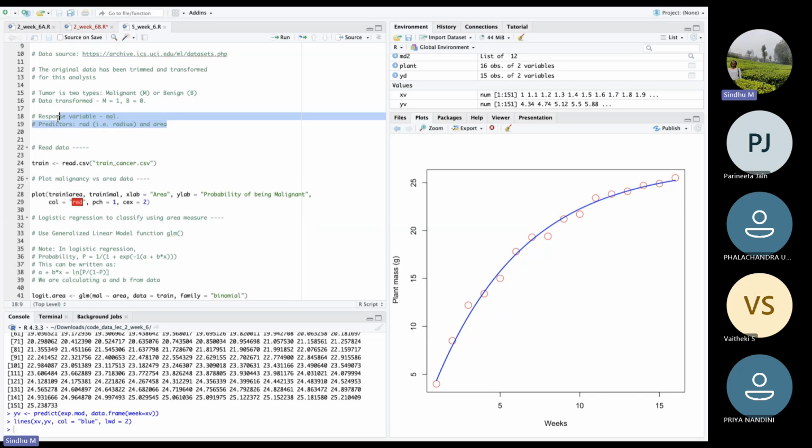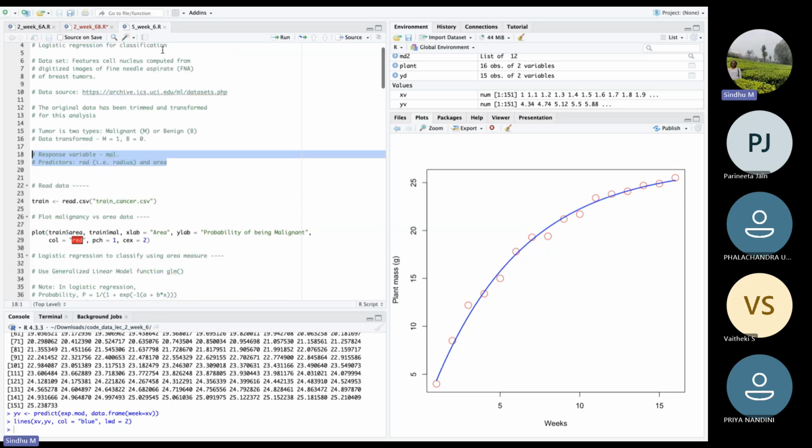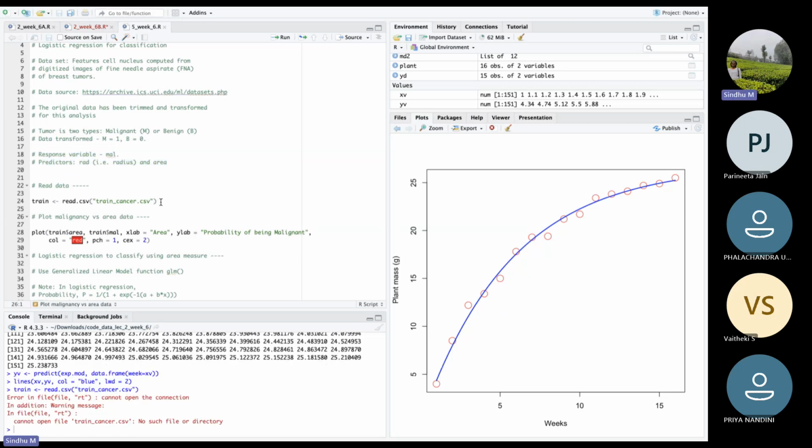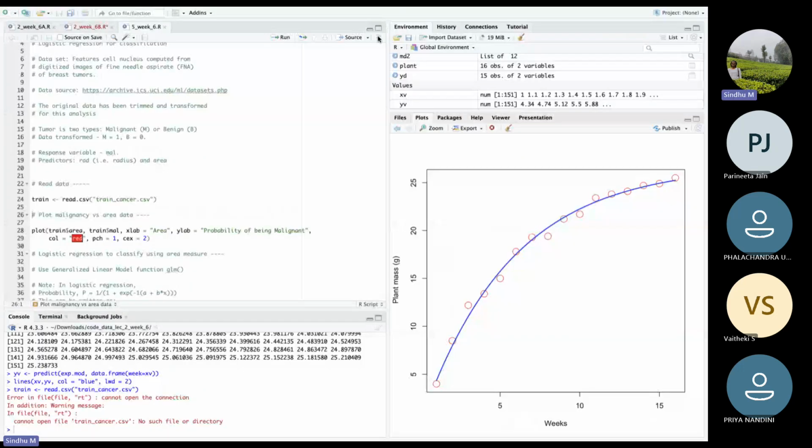Let's see how to do this. We have to train the model such that there is an initial data set, and from this data set we train it to also predict for other samples. Let's first load the training data set. I will copy as path and paste because it is not reading. Here we have two data sets in this week folder if you have downloaded it. One is the test data set and the other is the training data set. Right now we are going to train the model first, so we are just reading the train data set.